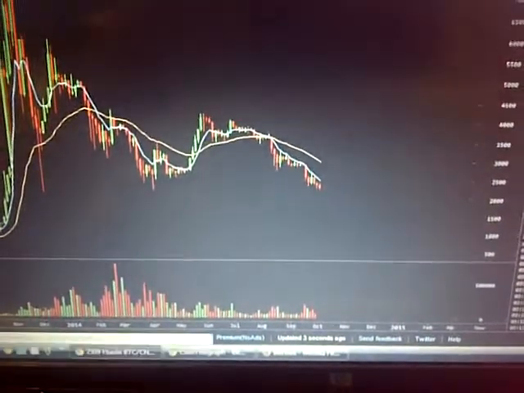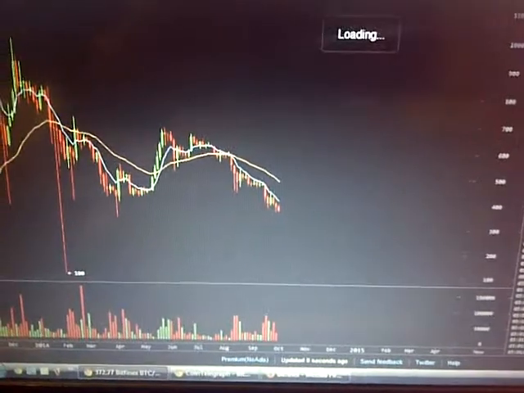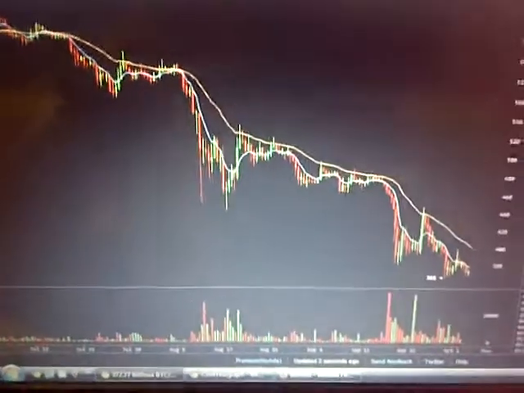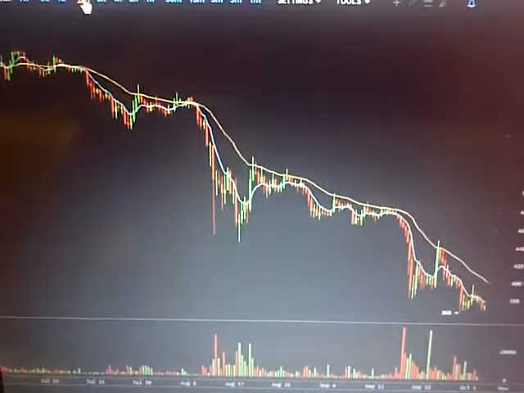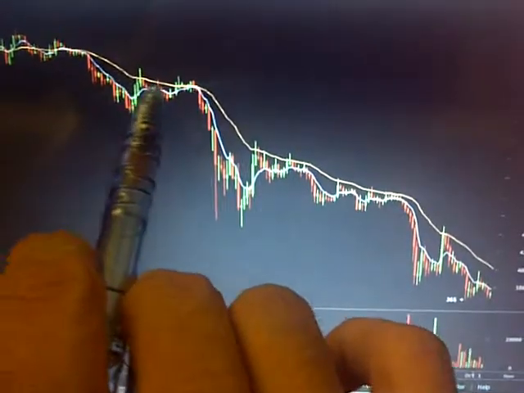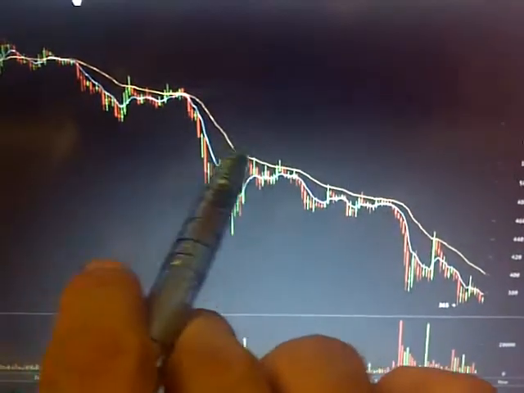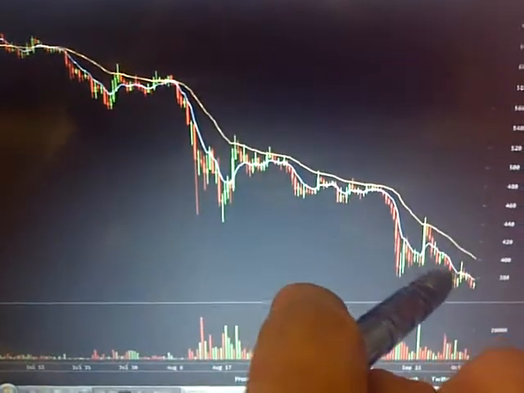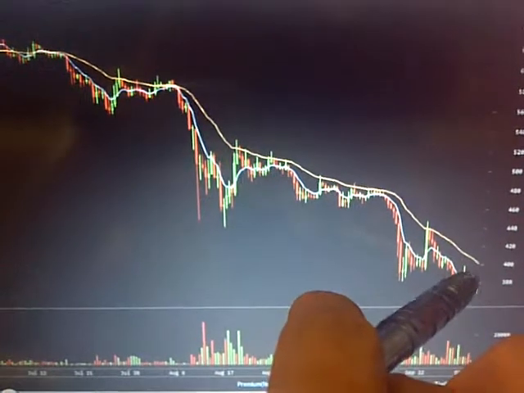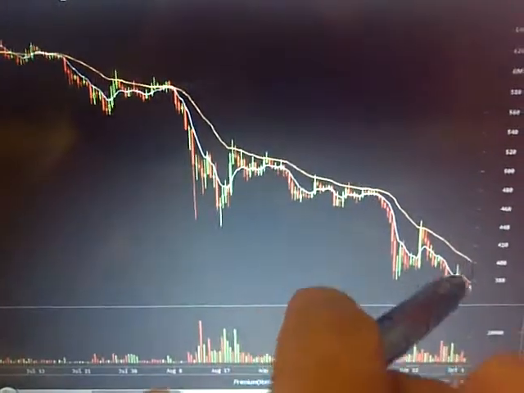So that's that. Let me go to Bitfinex now and do a chart analysis on that, since they are the leading US dollar exchange here. So that's kind of what I see here. On the 12-hour, you can see the gap starting here. One of the ways you could see a turnaround is that the two lines will cross over, and once you see that, that could be the buying signal you're looking for.